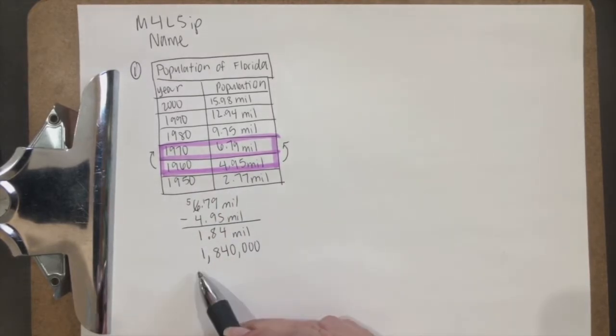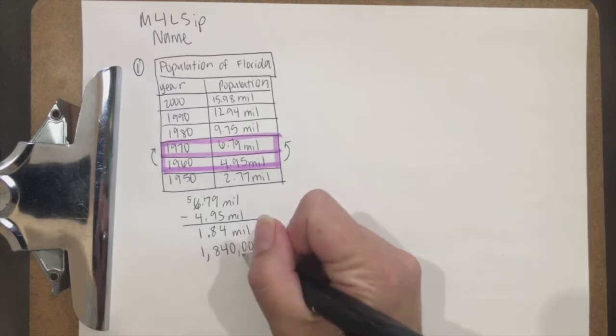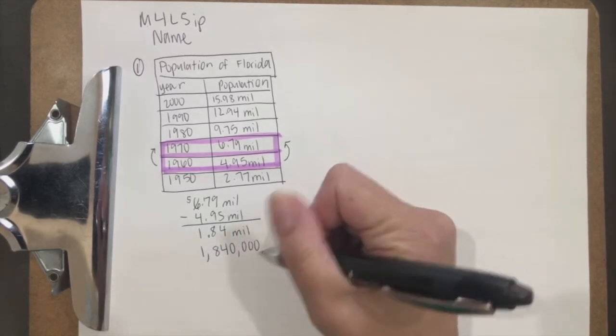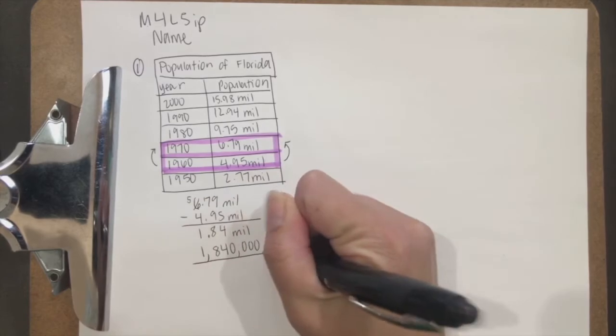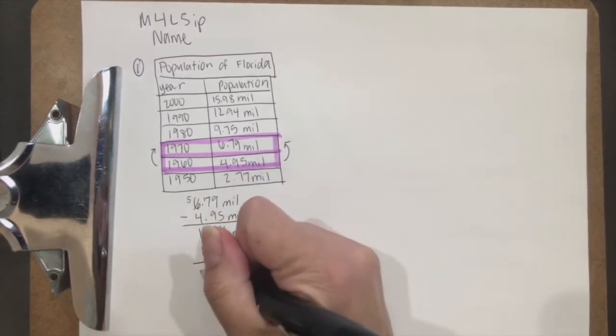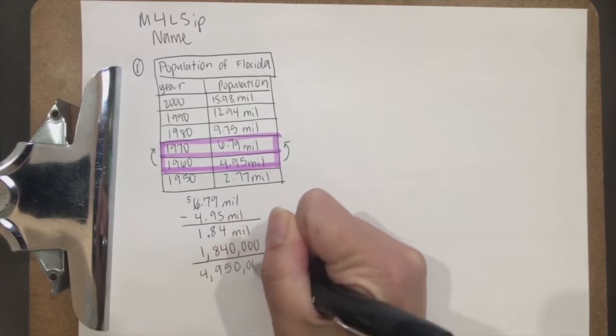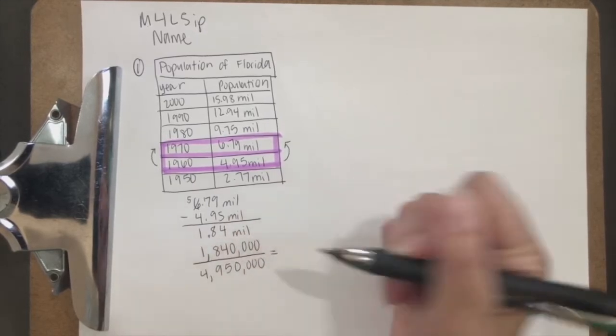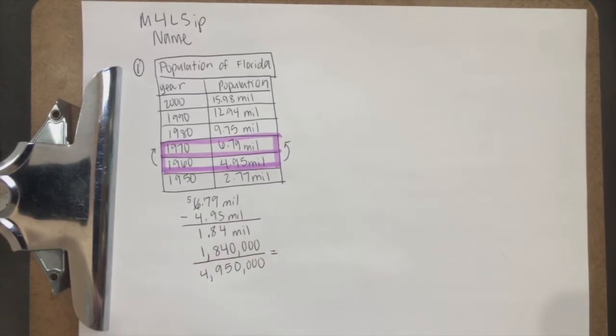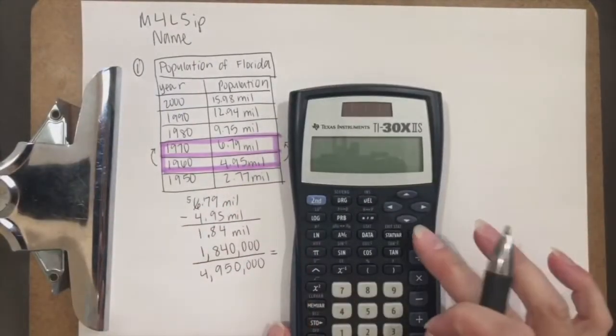So 1,840,000 is going to be divided by the original amount, which was 4.95 million. That's 4,950,000. So we're going to make that calculation on the calculator and then see what that is as a percent.